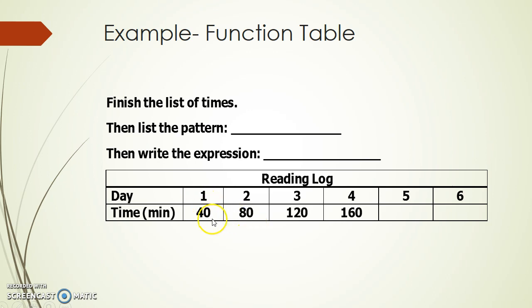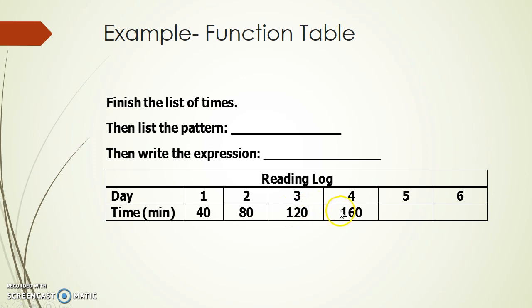For this pattern, you are multiplying your time by 2. So 40 times 2 is 80. 2 days, 80 minutes. Now, if this is true, you would take 40 times 3, which would be the number shown below. So 40 times 3 is 120.